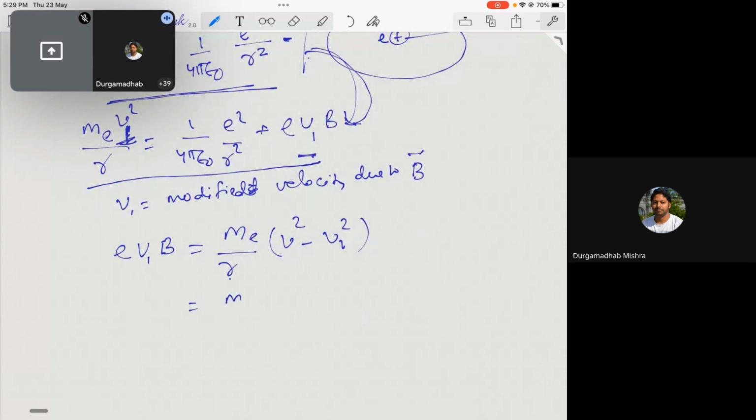Which we can write as V minus V1 into V plus V1.